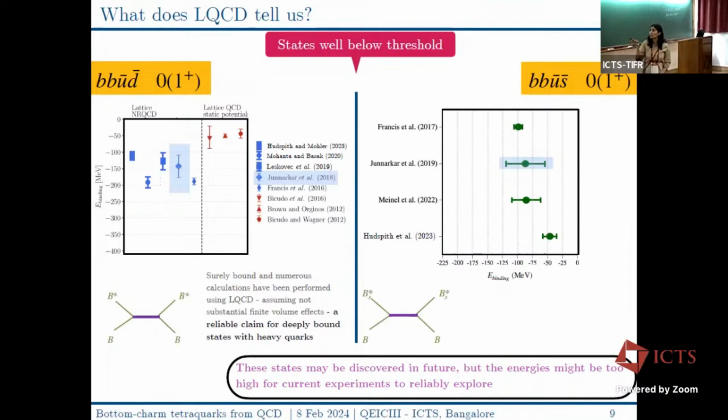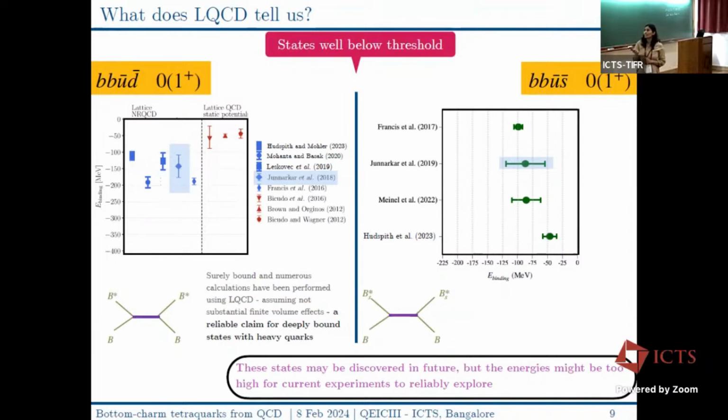Same in the case of the BB ū s̄, 0+ channel, we see that there are different calculations. The one that I've highlighted is the calculation done by the Indian group here. And so we see that they are more or less converging.